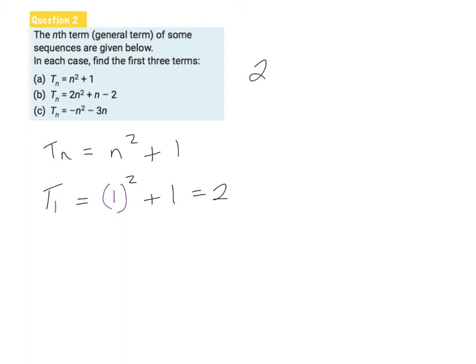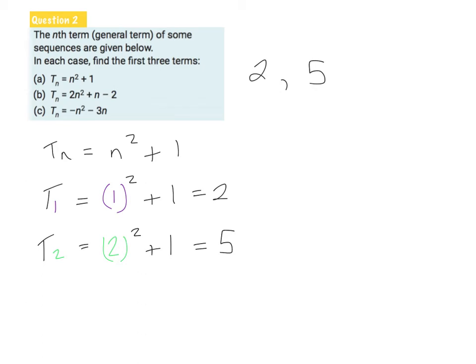And then we're told that t of 2, well, that's the same as saying 2 squared plus 1, which we know is equal to 5, because 2 squared is 4 plus 1 is 5. So the second term is 5.